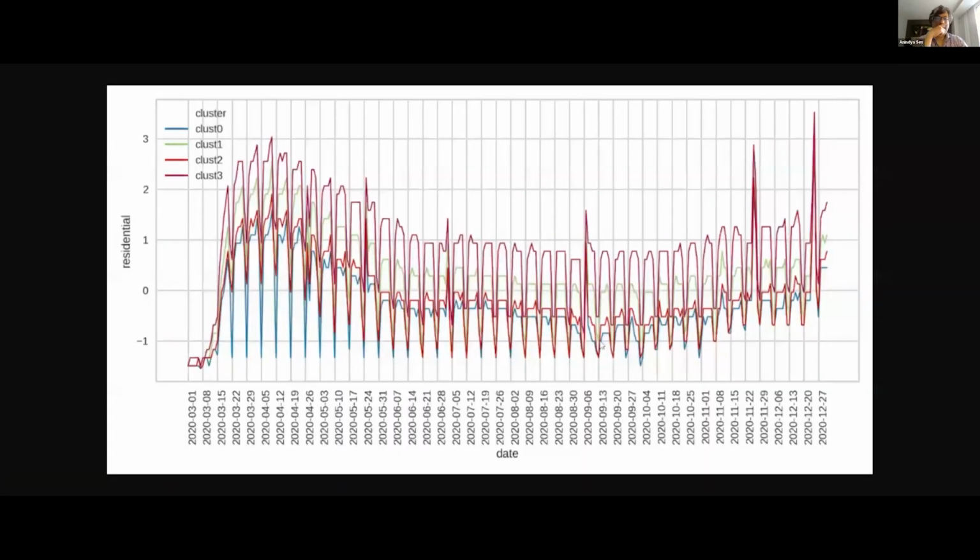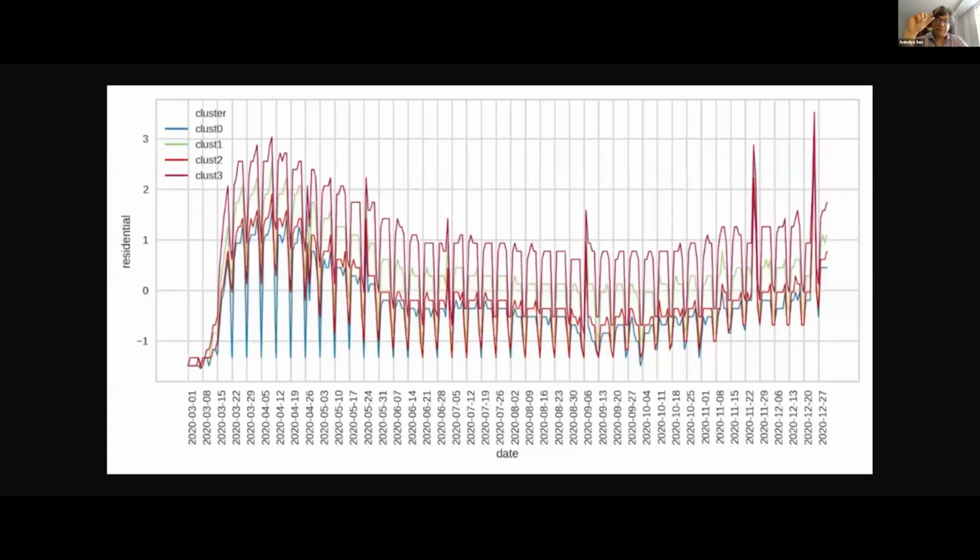Now, on the other hand, I will quickly show you the residential mobility figure. Sorry, this is just taking me a few seconds. Okay, so this is a great figure.